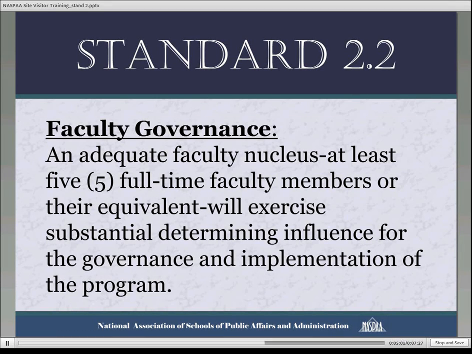A substantial determining influence indicates that the program has control over and has influence in the direction of the program, the students that it entertains as part of the program, the students it works with, and the curriculum that it has and the faculty that it has to work with in delivering the program. NASPAA has determined that the fundamental requirement for faculty governance is that there are 5 nucleus faculty members involved. We'll talk about how 5 faculty members are chosen, what their duties are as we move through these standards.